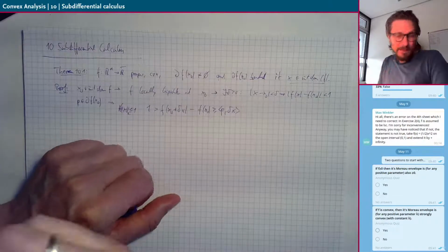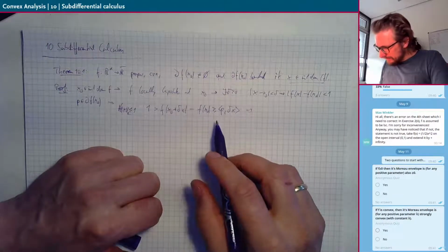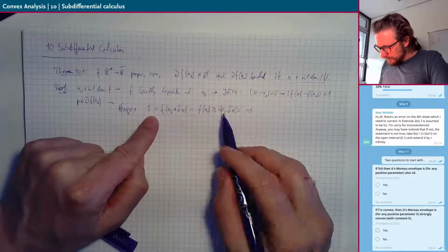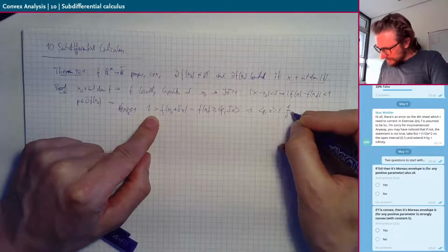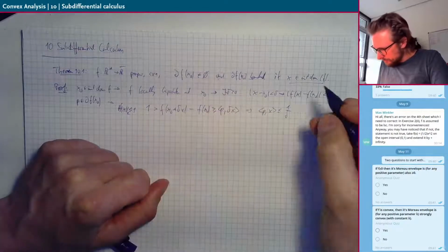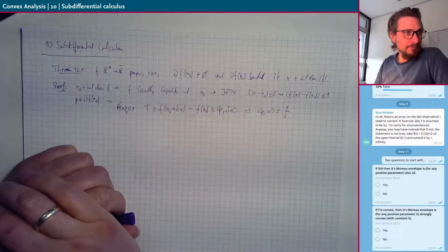Okay. And this then shows that the inner product of p with x is smaller or equal to 1 over delta. I don't know, probably you should do it like this with equality signs here.